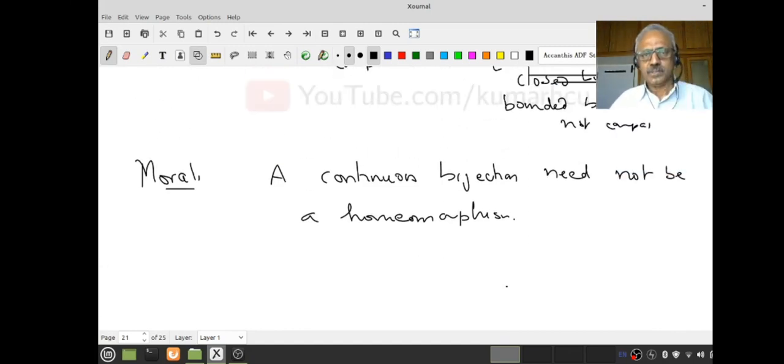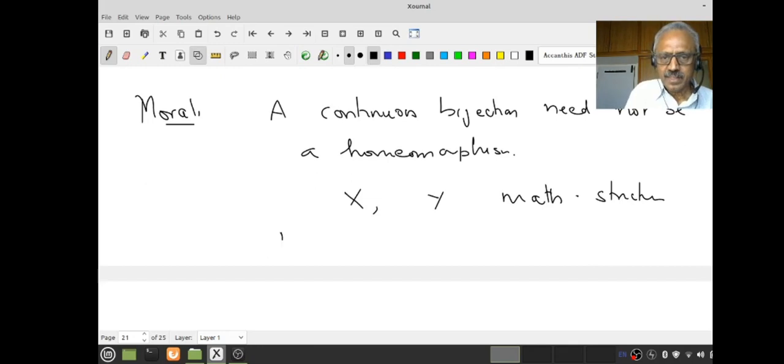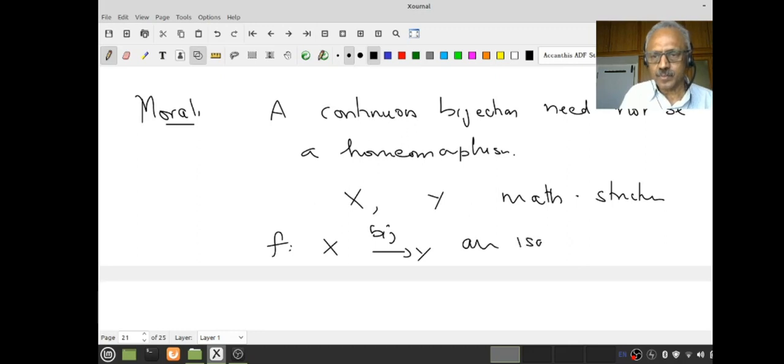So there is some reason. If you had followed my lectures on continuity on topological spaces, when I talked about homeomorphism, I said very carefully: whenever x and y have similar mathematical structures, maybe both are groups, both are vector spaces, both are rings, or both are topological spaces, then I say a bijection x to y is an isomorphism.